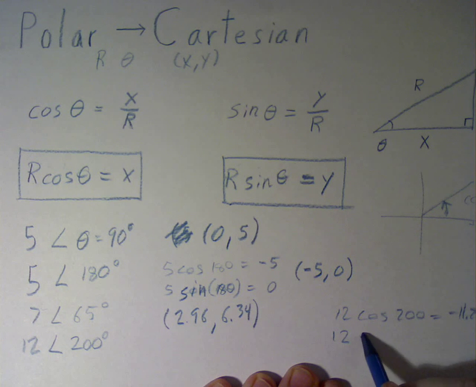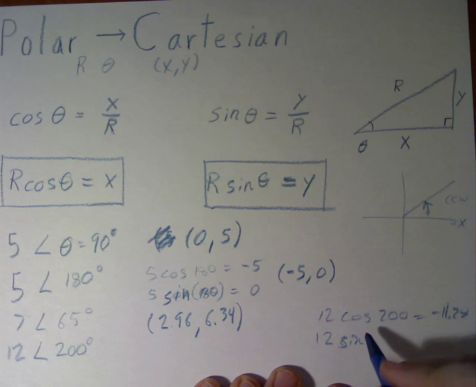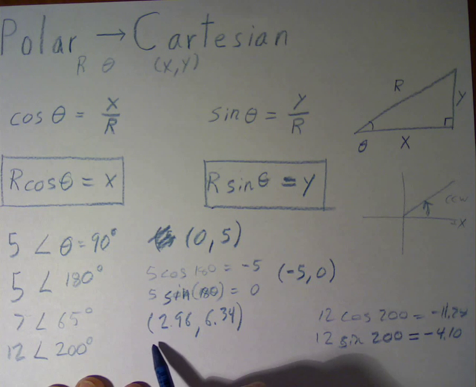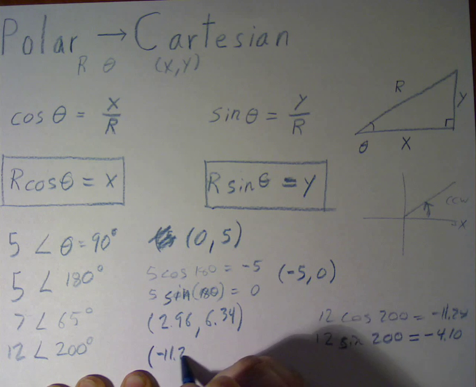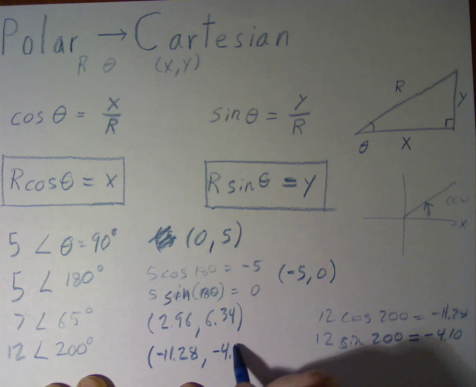For y, we get 12 sine 200, and we get negative 4.10. Our coordinate becomes negative 11.28 comma, negative 4.10.